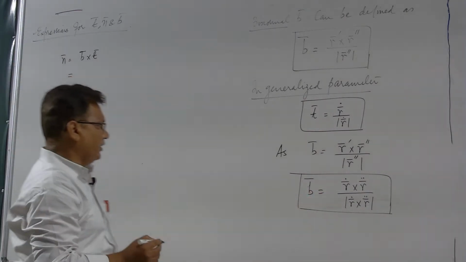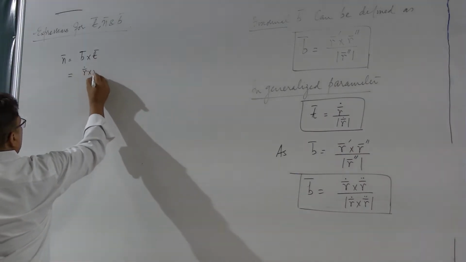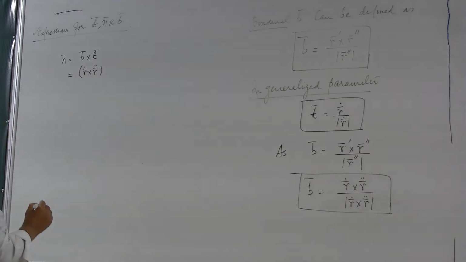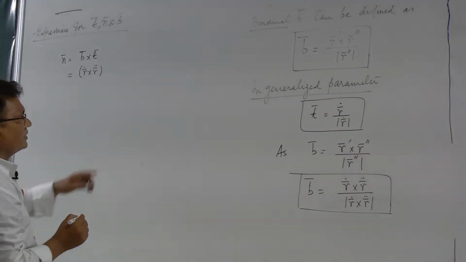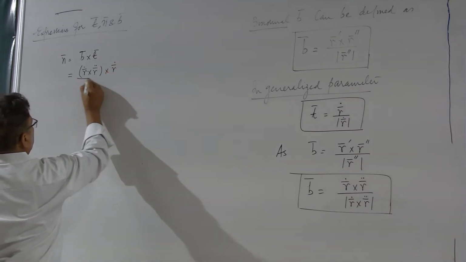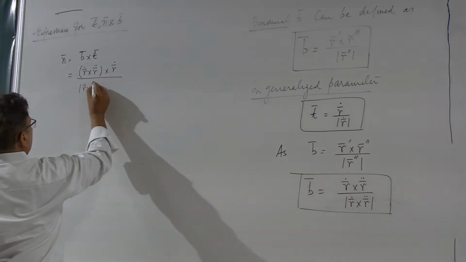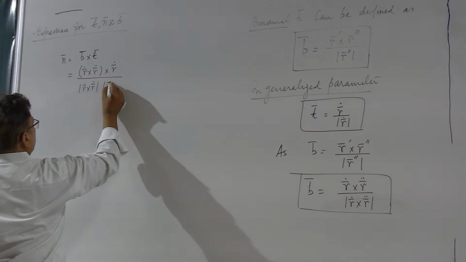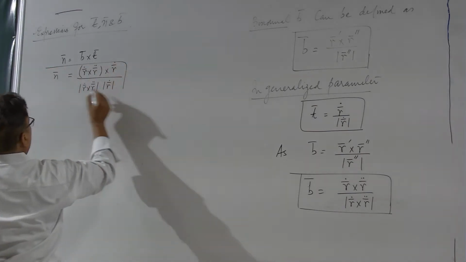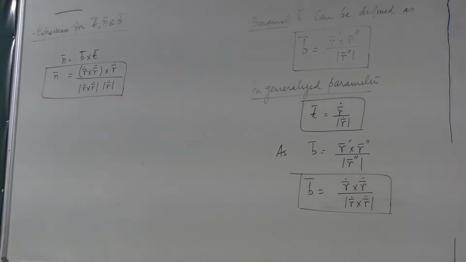So, B is r dot cross r double dot, upon mod of r dot cross r double dot, and then you have T, which is r dot upon mod r dot. So N becomes the cross product of these, and this becomes the expression for the principal normal in generalized parameter.